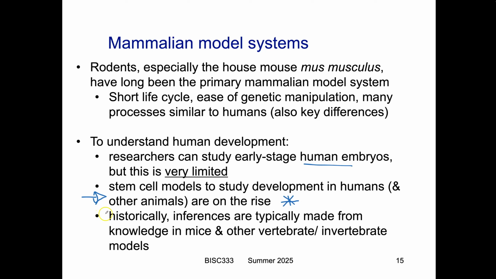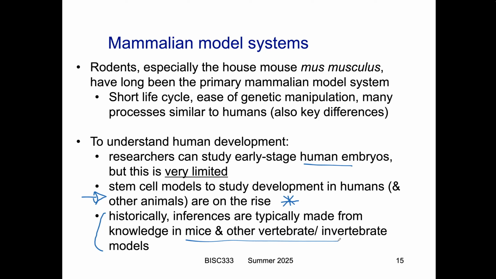And then historically, and we still do this, when we're trying to figure out how things work in one organism, we often use the other model systems that we have, because, one thing you will be noticing, Notch does similar things in lots of different embryos.